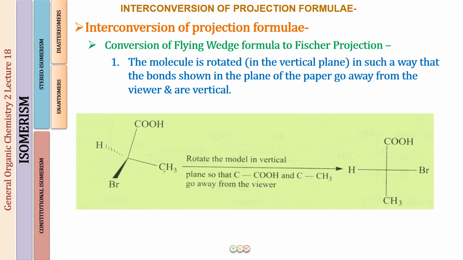So if we just draw what we are saying, in a flying wedge projection, we have a carbon in the center and the vertical line, which is away from the viewer, where we have a CHO group and a CH3. This is how we have rotated. And then we have horizontally placed two groups which are towards the viewer.